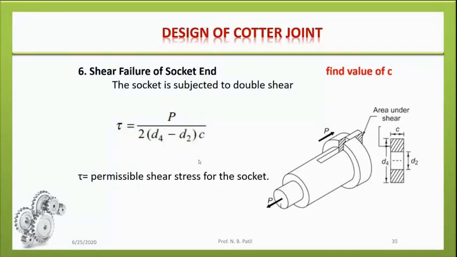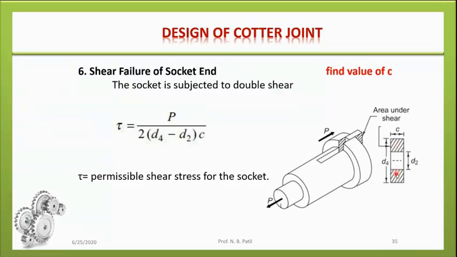The shear by means of the cotter may be possible in the socket. So in order to find out the value of C, in the socket, let us say over here, the particular section area of the socket represents shear failure.